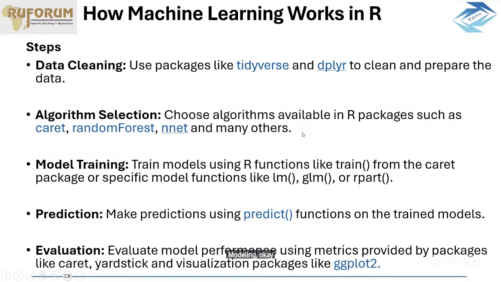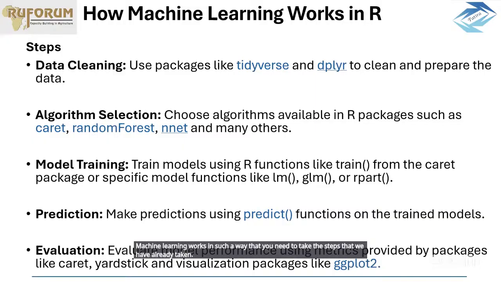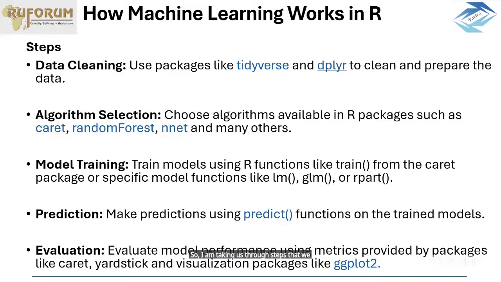Now, in R, machine learning works in such a way that you take the steps that we have already taken. I am taking us through steps we have already done, so that you know that what we have been doing is already machine learning.